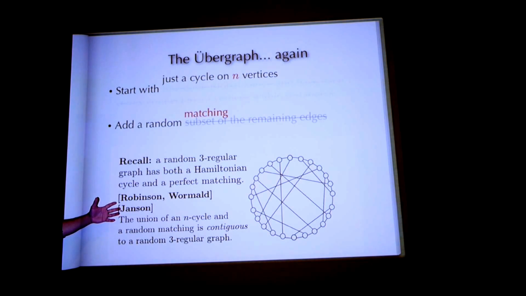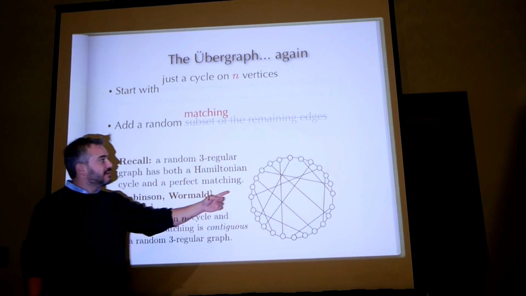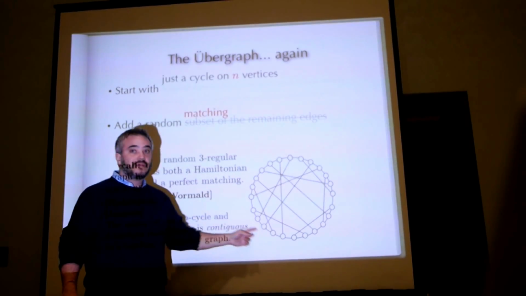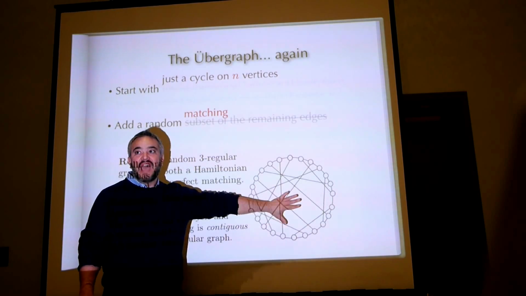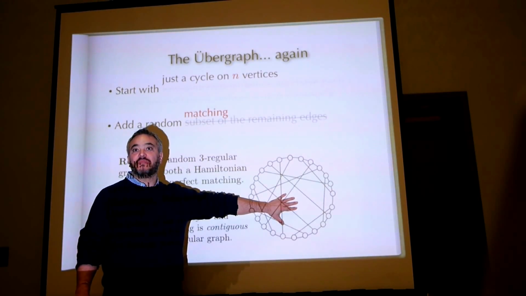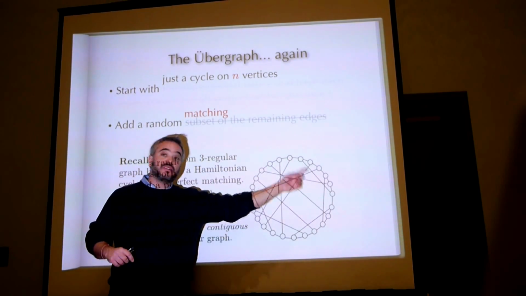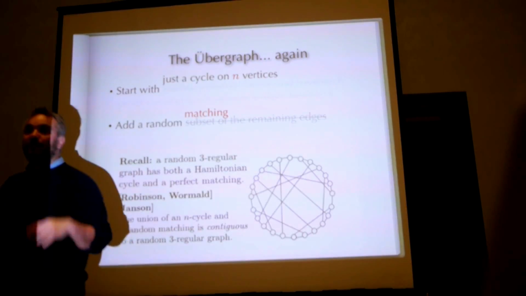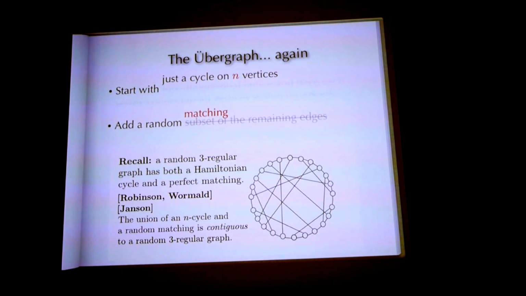One way to generate random 3-regular graphs is to take a cycle and throw on a random matching. That's a highly, highly non-trivial mathematical statement, but it's true. And what it tells you is that any construction along the lines of start with a low-dimensional lattice and augment it will reproduce the monster. That's the point.